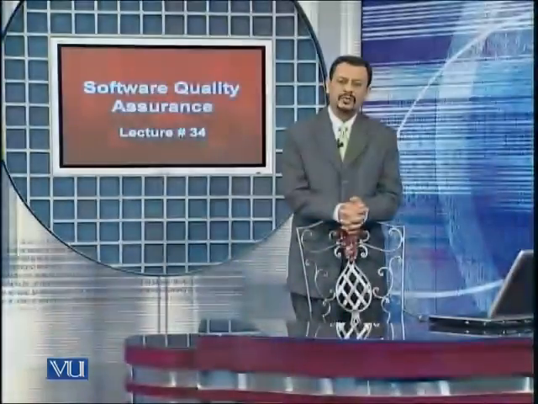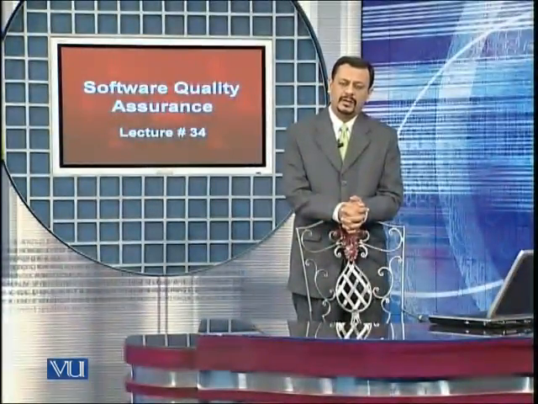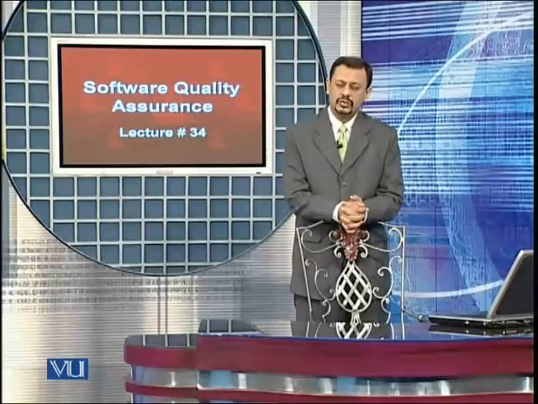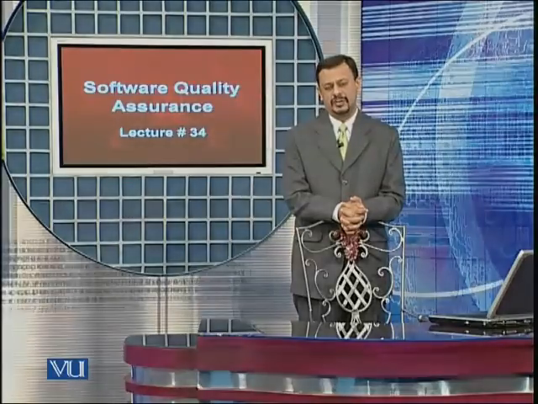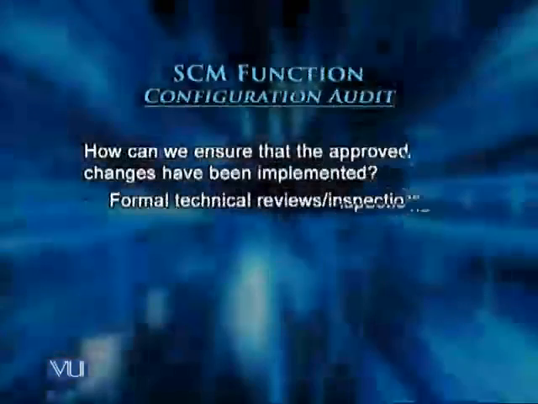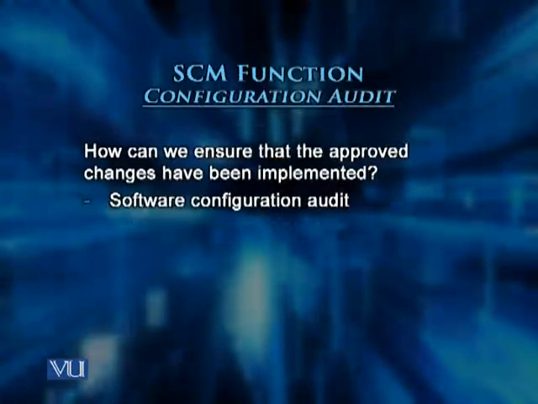In the last lecture, we talked about two mechanisms that can be used to ensure that the changes have actually been implemented. We said that formal technical reviews or inspections can be applied, or software configuration audit can be done.